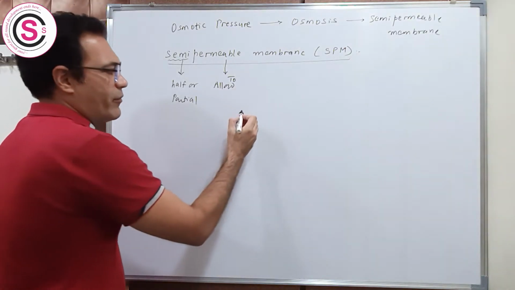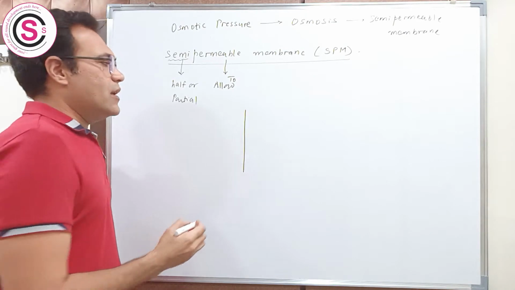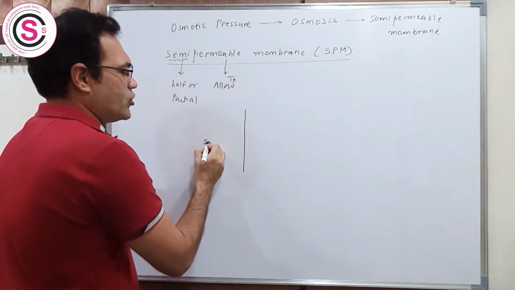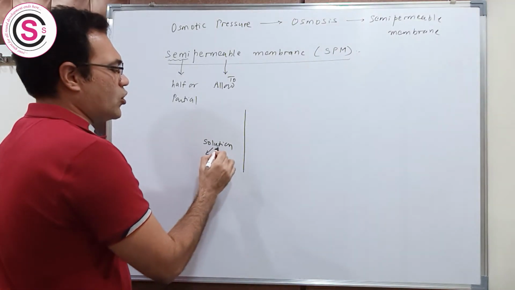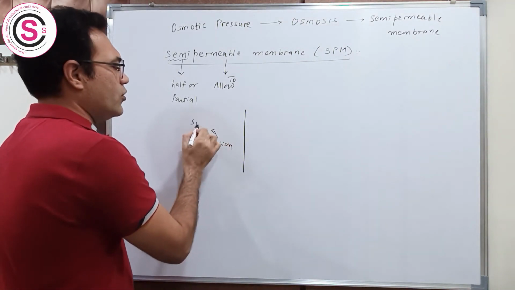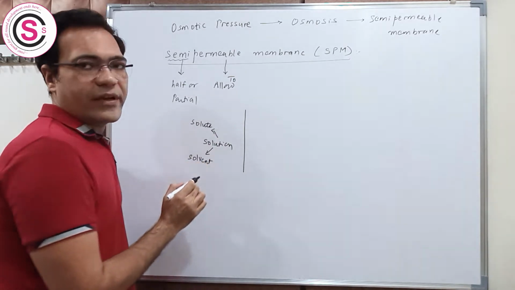Suppose you have a membrane like this. Here I take a solution. As you know, a solution consists of solute and solvent.